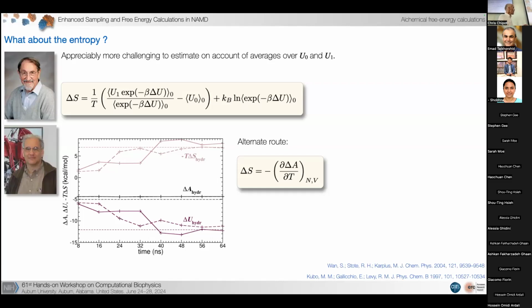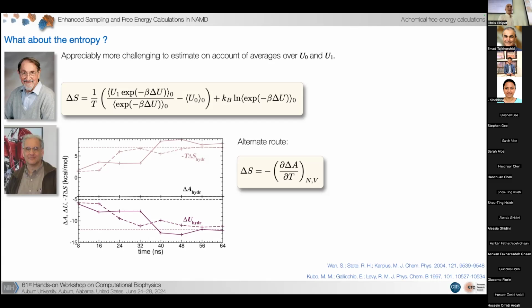The way we approach this problem is we run simulations at different temperatures and get the free energy at different temperatures, and then we calculate delta S. Let's say that you simulate at T plus delta T and T minus delta T. So you have delta A at T plus delta T and T minus delta T, and you divide by 2 delta T. Now you have to be really careful about the choice of delta T.